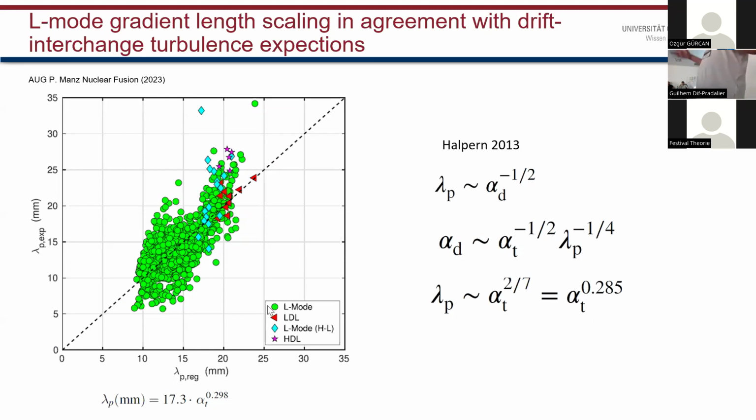You would expect that your pressure gradient would scale with alpha t to the power 0.285. And we did a regression for L modes. In fact, for L modes, we see that the database scales with alpha t to the power 0.298, which is very close to it. So the scaling in L modes is as expected for these drift interchange instabilities.